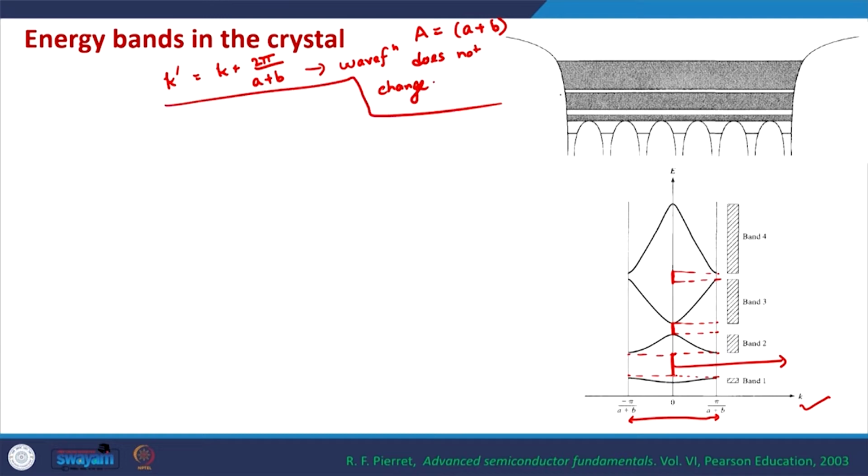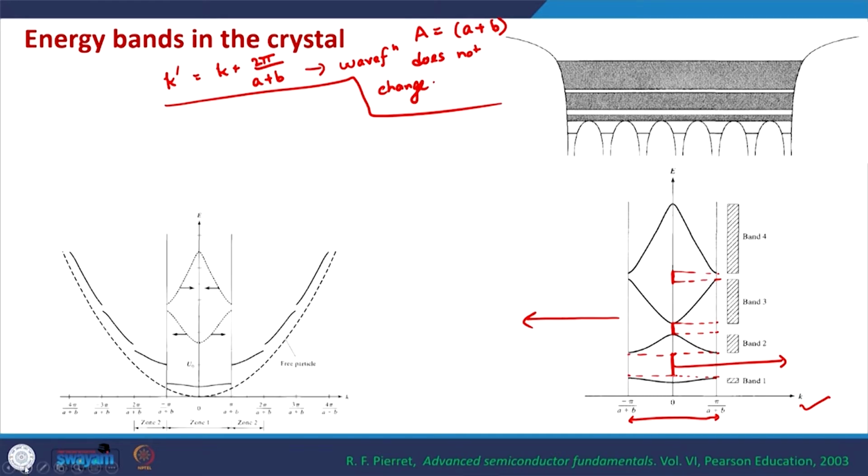Okay. So, by making use of this condition, we will see that there is an alternative way of visualizing the EK relationship for a 1D solid, which can be given by this.